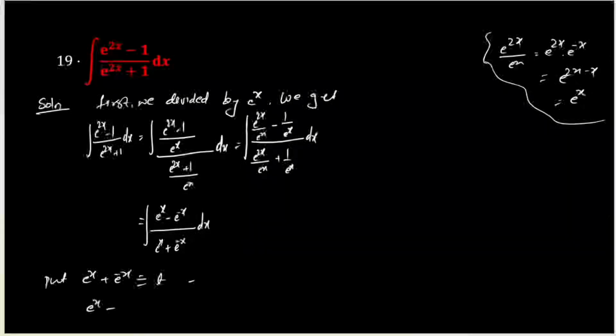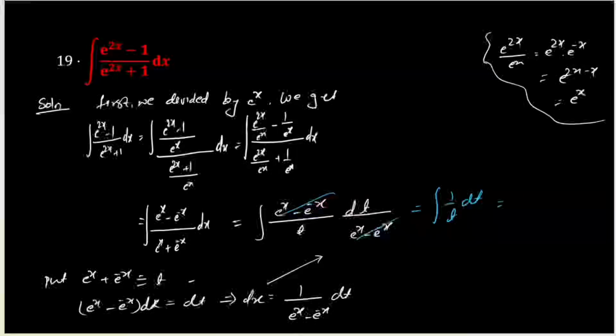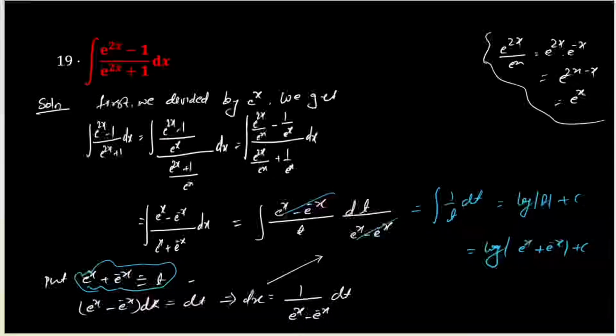We get (e^x - e^(-x)) dx = dt, therefore dx = dt / (e^x - e^(-x)). So this cancels, we get the integral of 1/t dt, which is equal to log|t| + c. Replacing t in terms of x, we get log(e^x + e^(-x)) + c. This is your required answer.